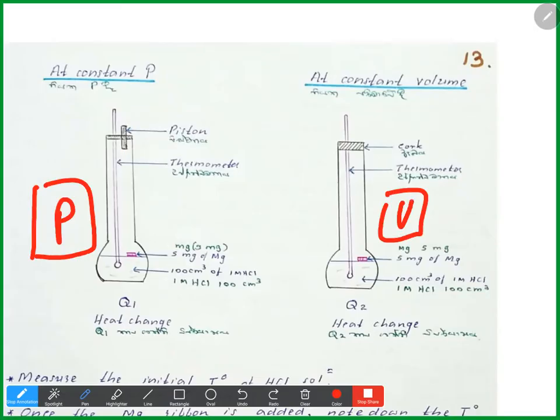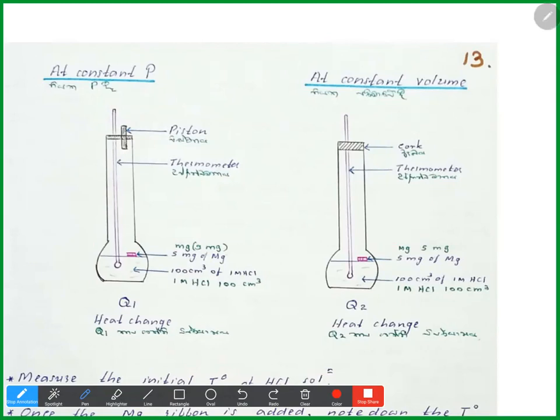So the example I've taken is the reaction between magnesium and HCl. This is generating its own heat because this is a reaction of active metal and acid.